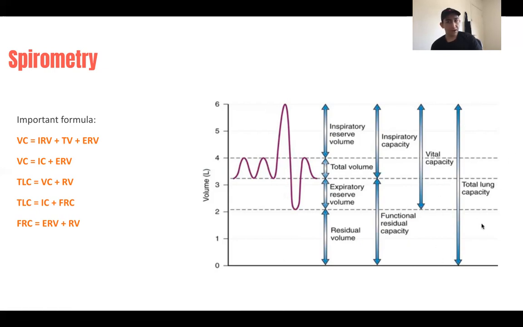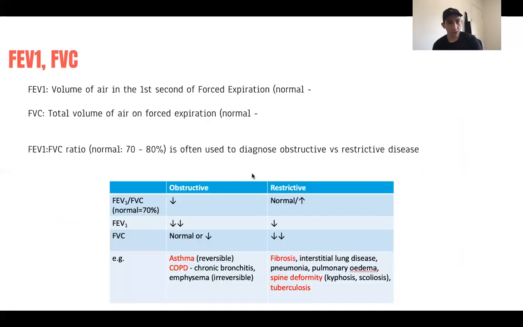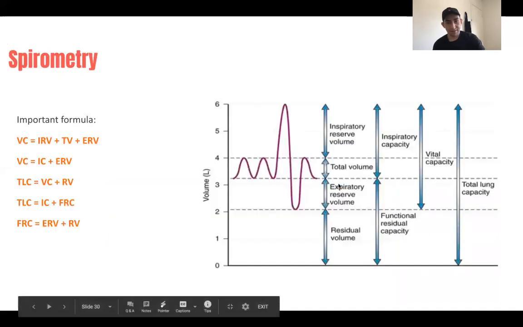You need to know that you can't just find out your total lung capacity on very basic spirometry, where you talk about FEV1 and FVC. So let's talk a bit about FEV1/FVC. The way this test is done is you take vital capacity, this bit, okay?